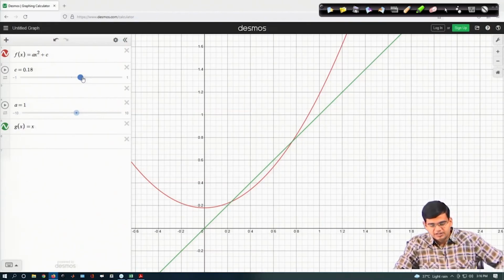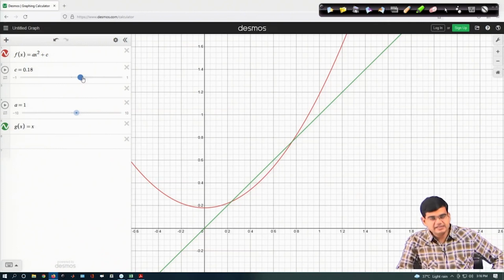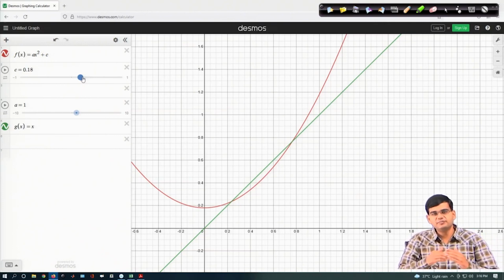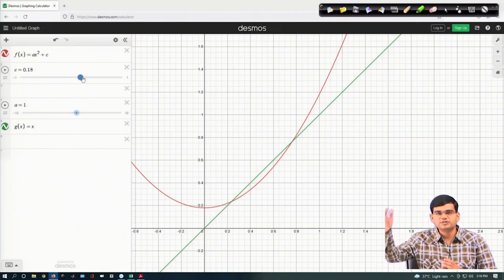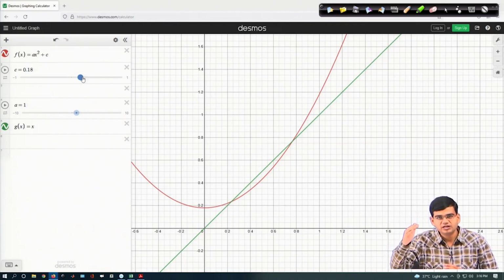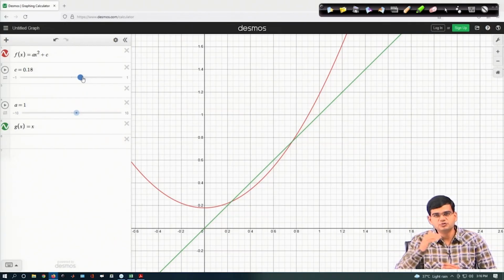So, therefore, now I see that as I change the value of the parameter c, my number of fixed points go from no fixed point to one fixed point to two fixed points.